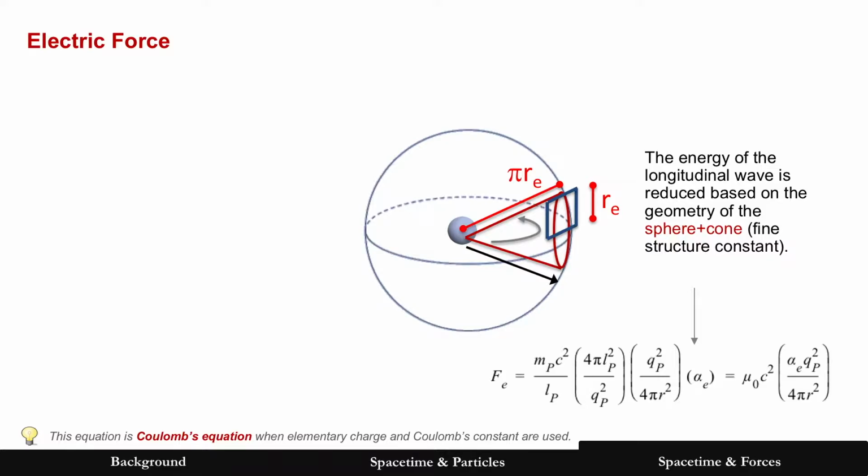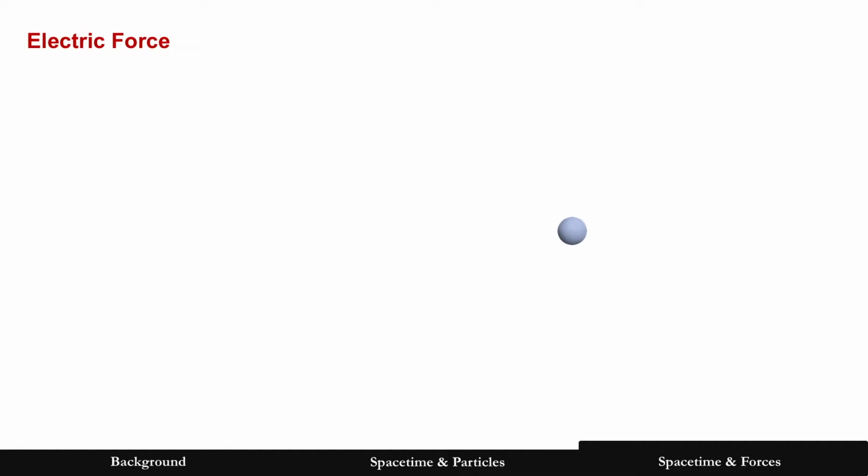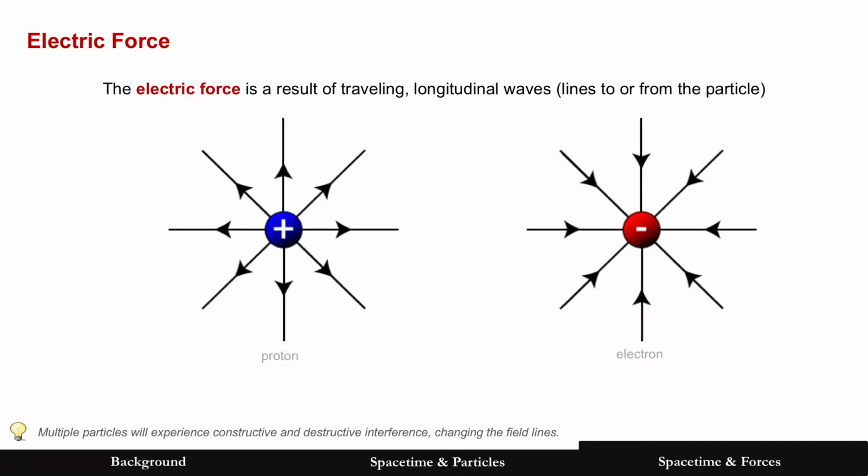It's the exact same thing. So that is the equation for the electric force. And the electric force then is a result of traveling longitudinal waves. It's just described this way, coming into or out of the particle, but it's radiating out spherically as a longitudinal wave.